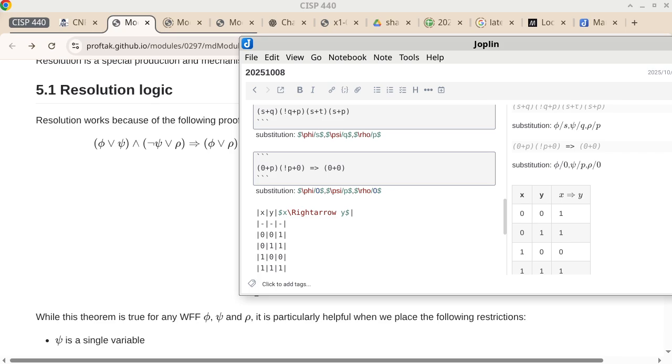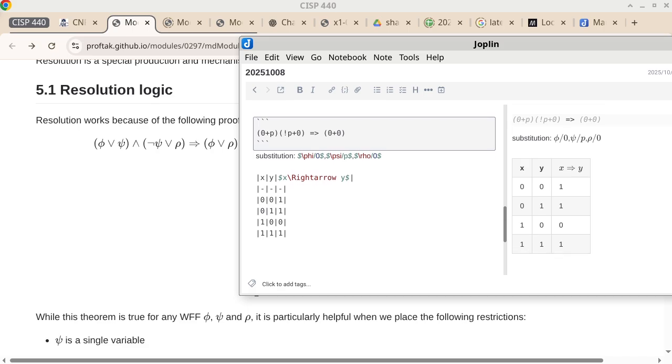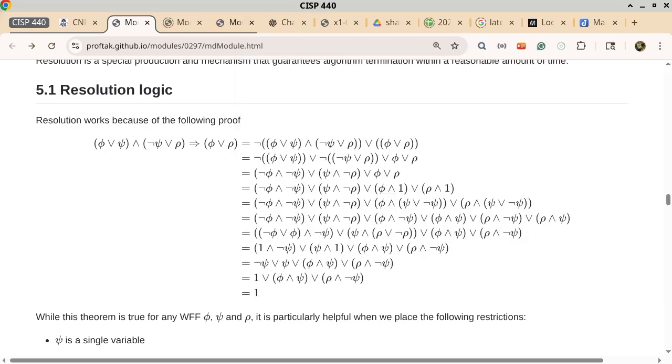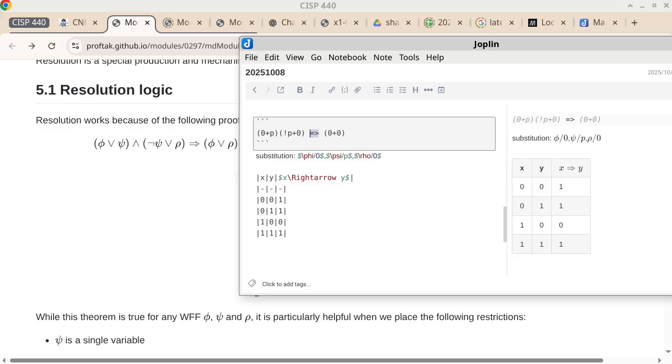On this side, we have the truth table of implication, which we introduced on day 1 of this class. When you look at this, we know this implication here is true. Why do we know? Because of that crazy proof that I did the other day. This implication is guaranteed to be true. So now we switch back to the truth table.